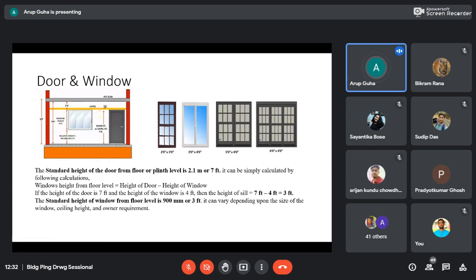Or clear width should be 7 feet, or rather 2100 millimeter. এইখানেও যেটা বলছিলাম, this is window, so this is 900 millimeters or nearly 3 feet, and this should be 7 feet, or rather 2.1 meter.